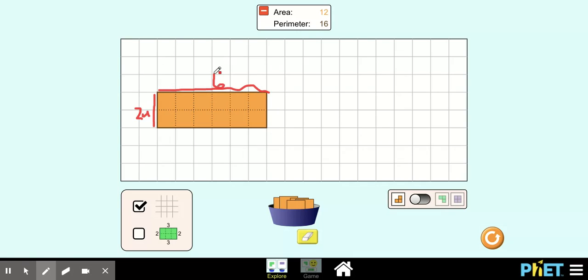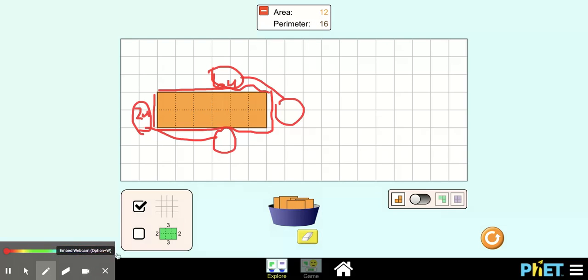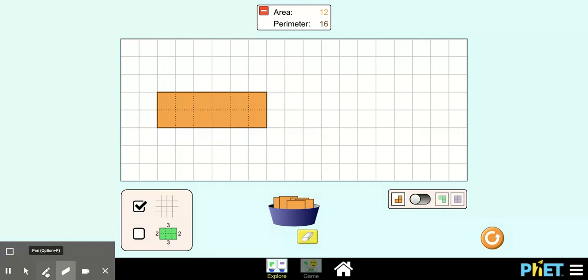That means that the perimeter, if there were a fence around the outside of this whole thing, would be the same as 2 units plus 2 units plus 6 units plus 6 units. I know that 2 plus 6 is 8, and I need to add another 8 units, so it gives me 16 units here.